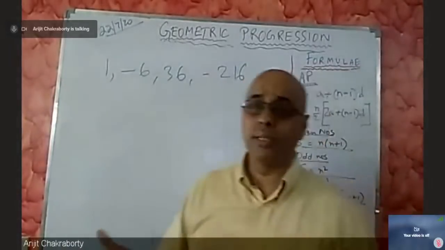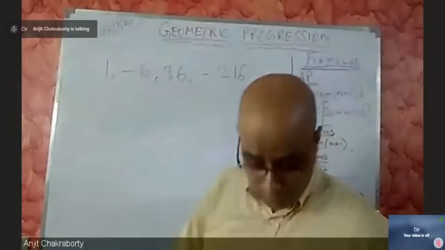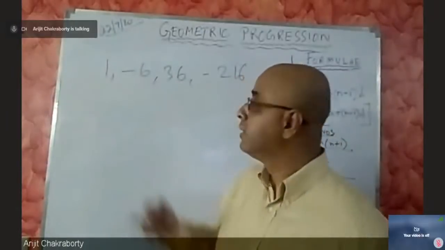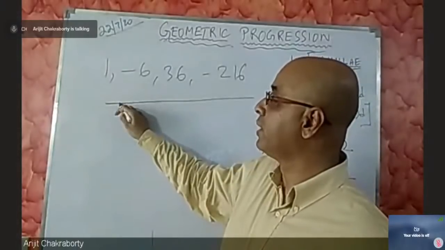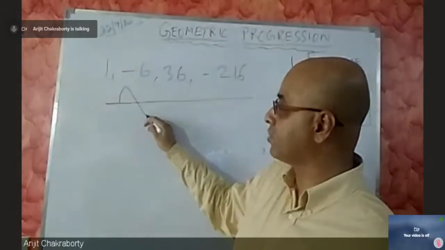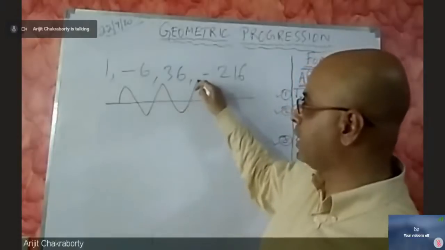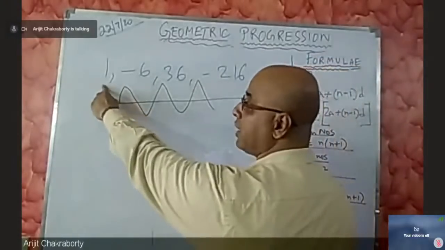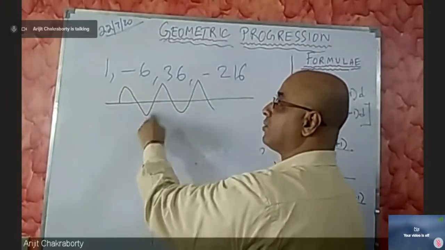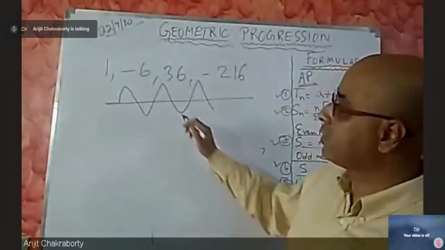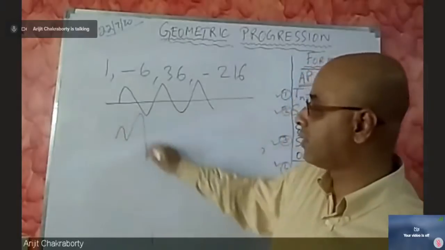Why is it a sequence? Well, you will later on learn that the value is going into positive zone, then negative zone, again positive, then negative. So 1 is positive, then 6 is negative, 36 is positive.